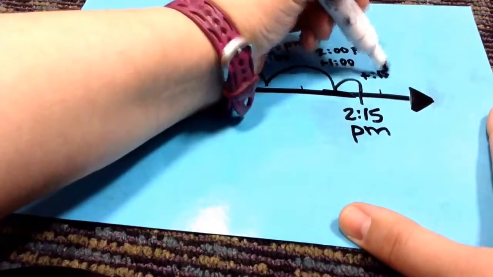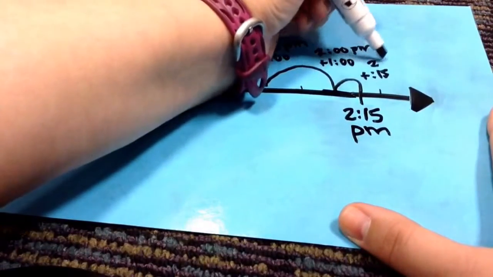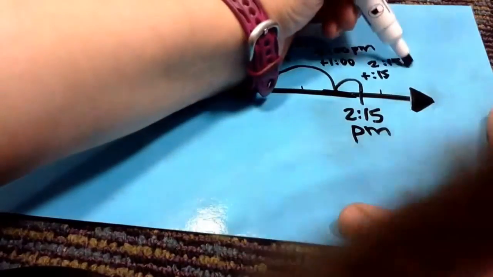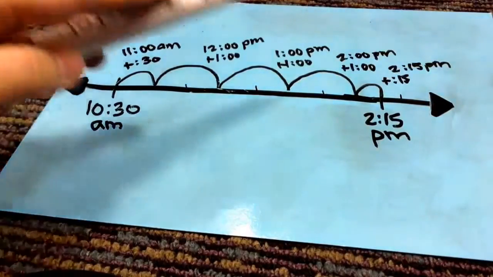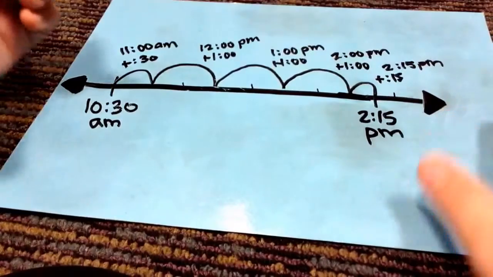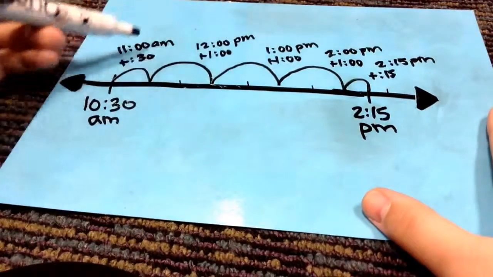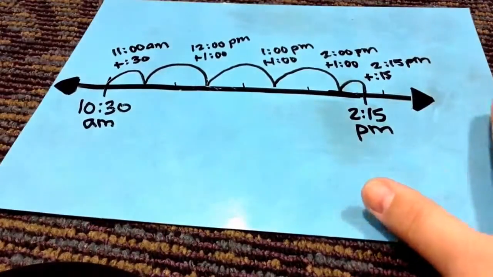That brings us to our final place, which is 2:15 p.m. And it is very important that you note your AMs and PMs, because as you can see right here, we transition from AM to PM.